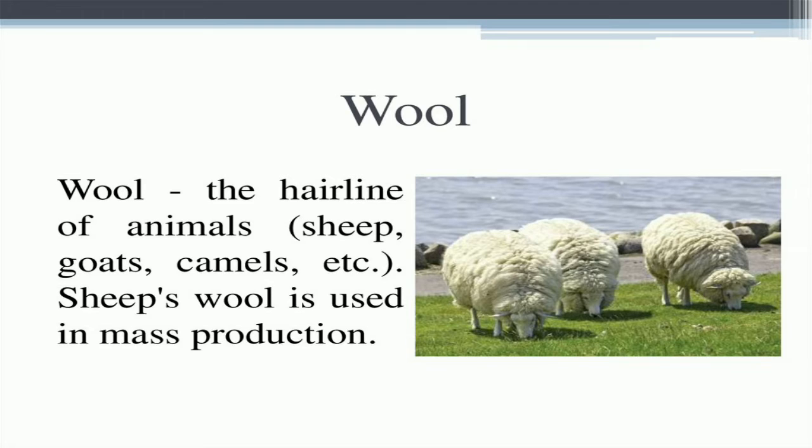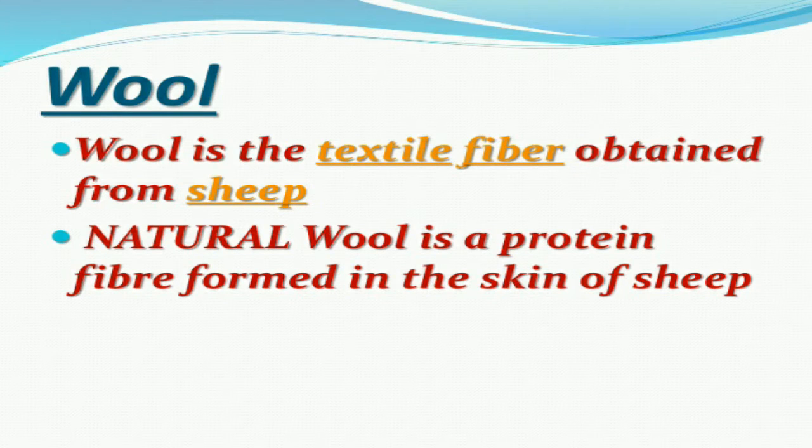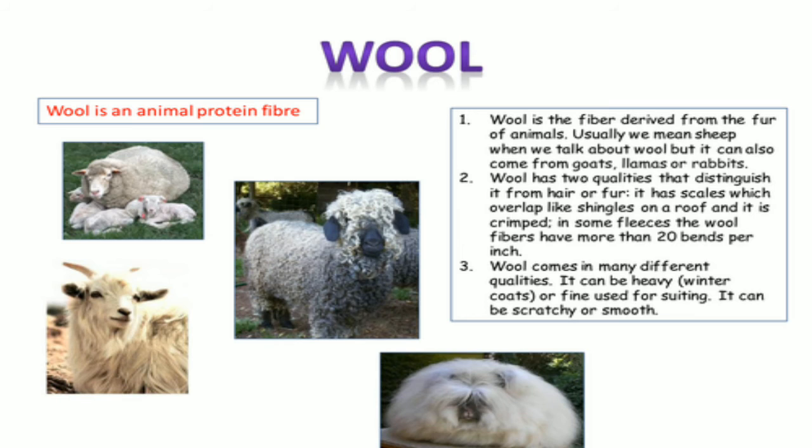Wool is a textile fiber obtained from sheep, and natural wool is a protein fiber formed in the skin of sheep. So wool is an animal protein fiber.